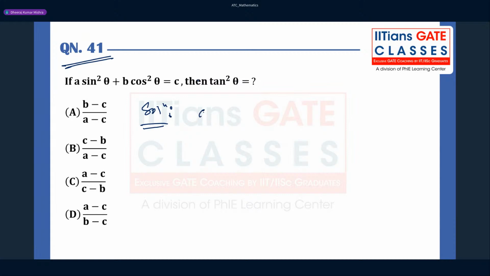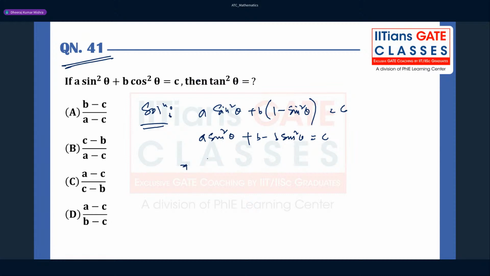So A sine square theta plus B times 1 minus sine square theta equal to C. Then the next step is A sine square theta plus B minus B sine square theta equal to C.